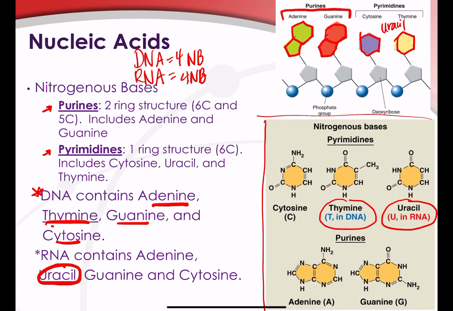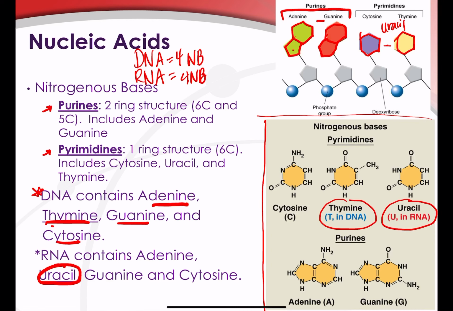Now, what's important is that a purine always pairs with a pyrimidine. And that's really important to make sure our steps in the ladder are equal widths. If you had A and G paired together, your step would be like 4 rings wide. And if you had C and T paired together, the middle of your step would be like 2 rings wide.